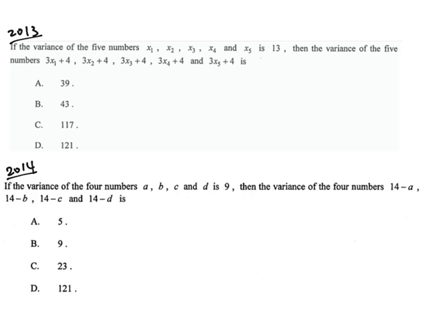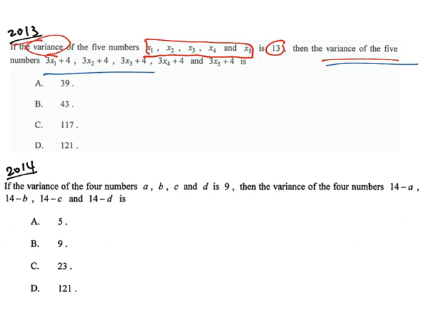Okay, next we will have the DSE question. It is 2013. The question is like this. There are 5 data here, all unknown, but we know the variance of these 5 data is 13. And then, what is the new variance for the new 5 data?